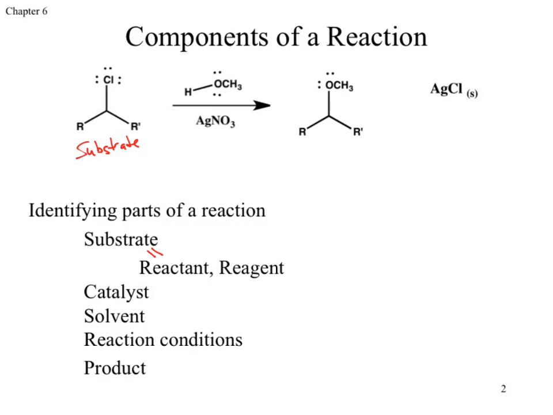The reagent is what we're reacting our substrate with. Kind of an odd statement, because that means your reagent is also a reactant. Typically, your reagents are usually smaller. They're also typically inorganic. It just depends on what you're trying to work with.